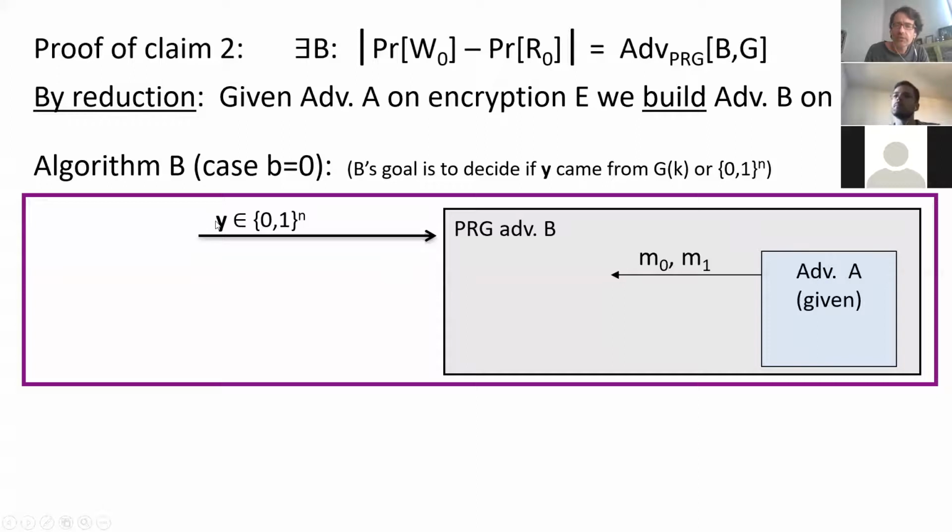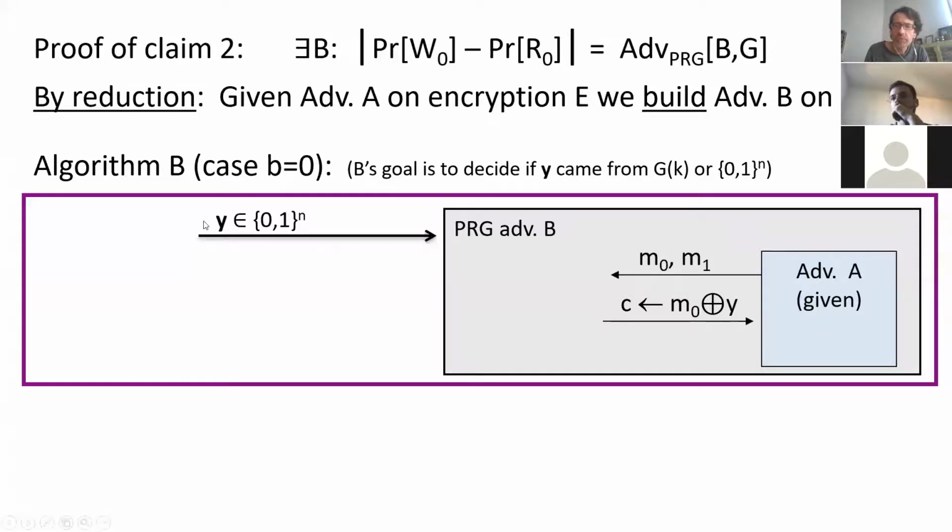So these two differ by whether either G(K) or random is XORed with M0. And B's goal is to distinguish Y as being either G(K) or random. So what he will pass as a ciphertext to the adversary is this string XORed with M0.